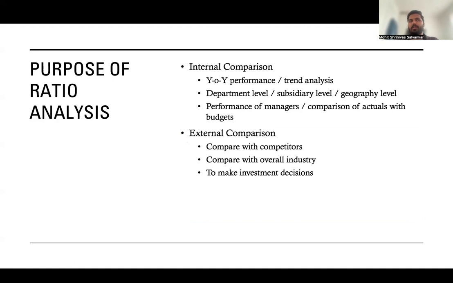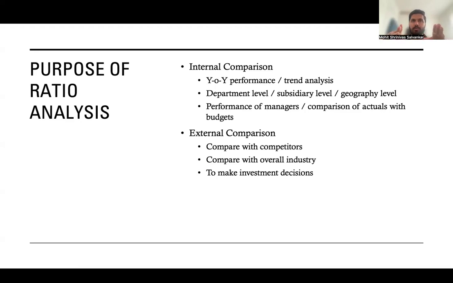Why do we need to understand the ratios? Why is ratio analysis important? Number one, ratio analysis is helpful in two ways: internal comparison and external comparison. When it comes to internal comparison, it's the organization comparing its own performance with its past performance, and comparing its own performance with its expected budgeted performance.